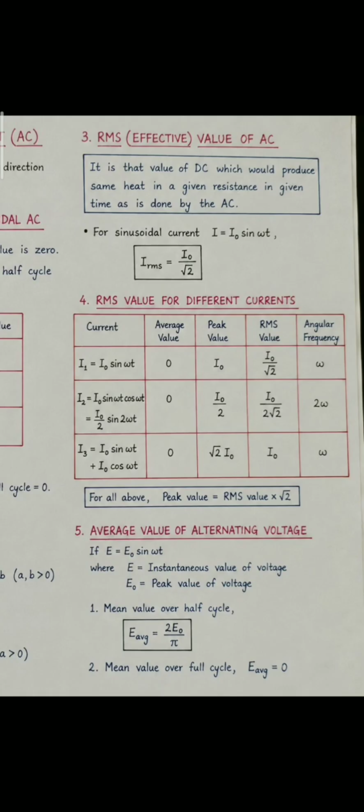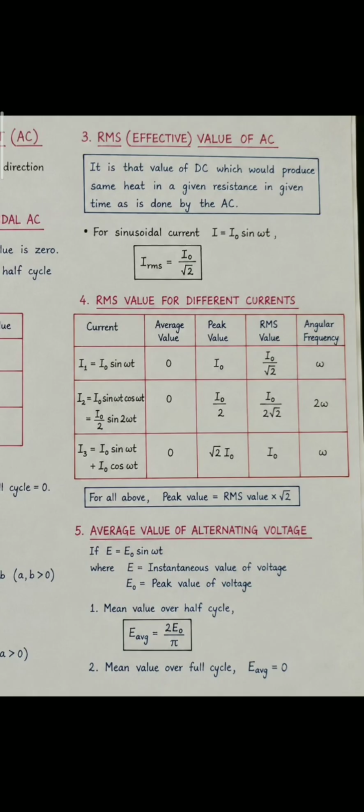And I2: if I2 is equal to I naught sin omega t cos omega t, we can write it using the sin 2 theta formula, sin 2 theta is equal to 2 sin theta cos theta.